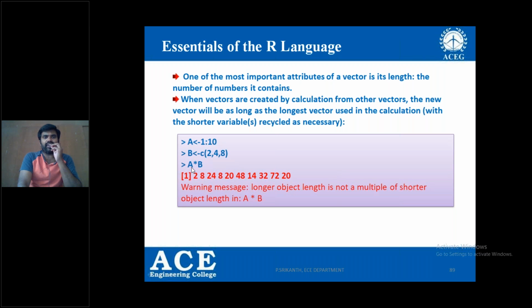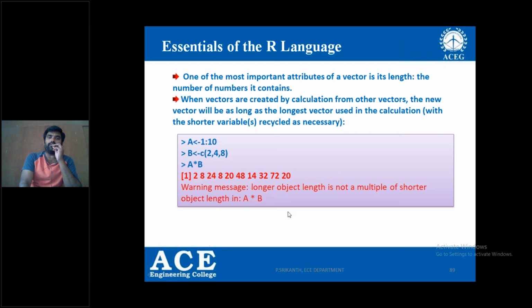If I say A into B, what is it going to do? 2, 4, 8: 2 into 1, 4 into 2, 8 into 3. And all the values will be, see here, 8, 20, 48, 14, 32, 72, 20. So what is the resultant length here? The resultant length has become equal to the length of the longest vector.